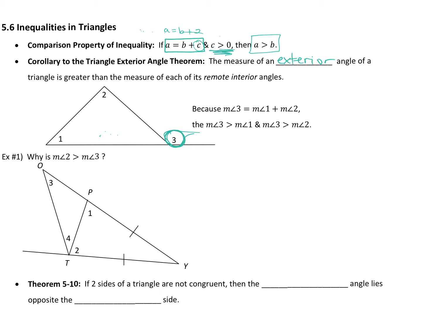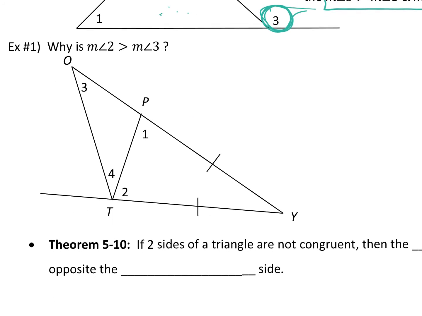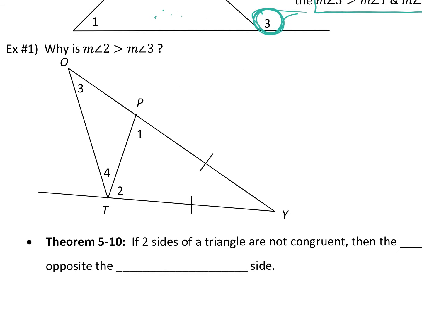So that means 3 has to be bigger than 1 and 3 has to be bigger than angle 2. Does that make sense? If we have to add them together to equal 3, then those 1 and 2 have to be smaller than 3 by itself, okay?